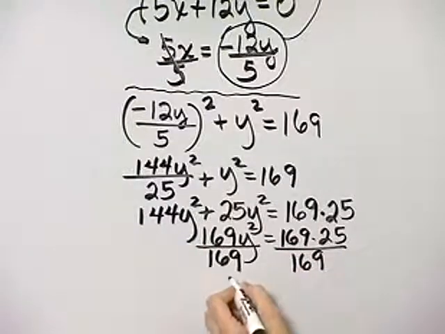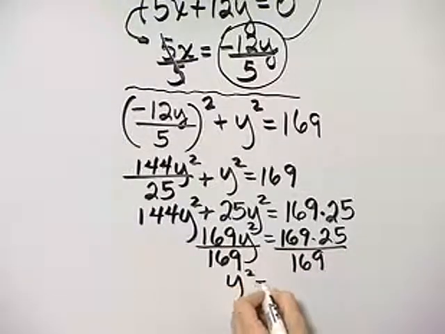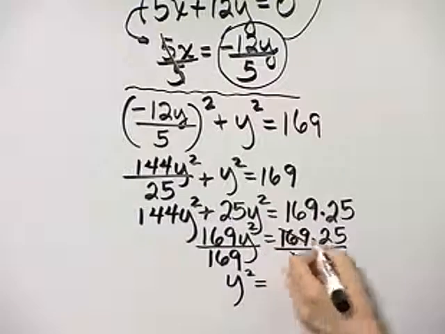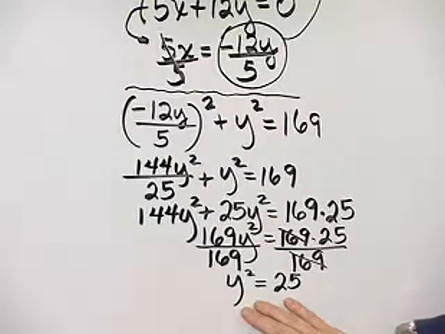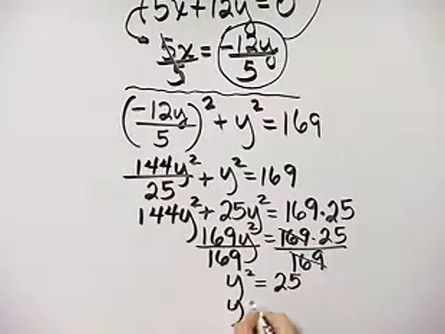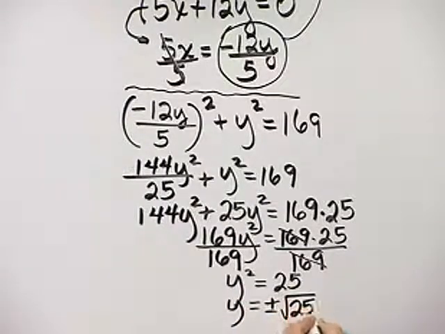Look what happens. Y squared then is equal to, these divide out, and we have 25. Now remember your square root property. If y squared is 25, then y is plus or minus the square root of 25, which is plus or minus 5. So far I have that y is plus or minus 5.